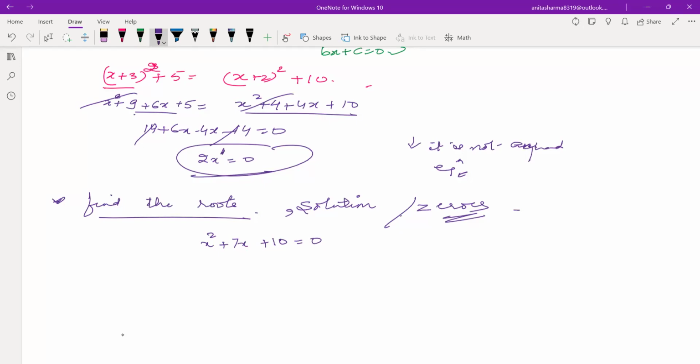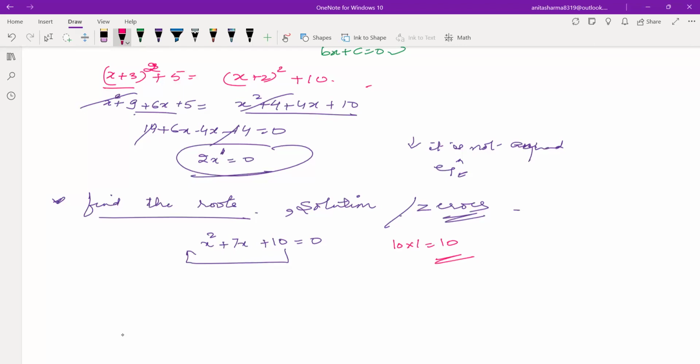So you will split the middle term, beta. For this, you will multiply the last constant term with the coefficient of x square. So it will be 10 ones are 10.